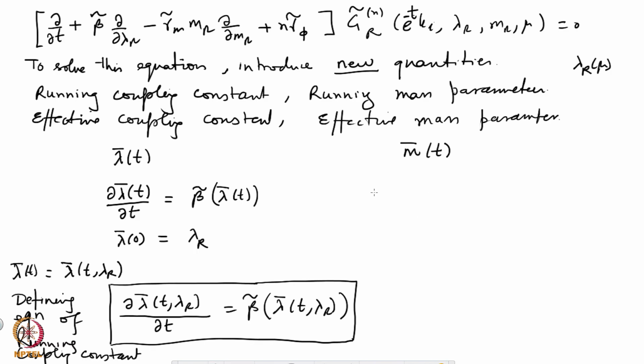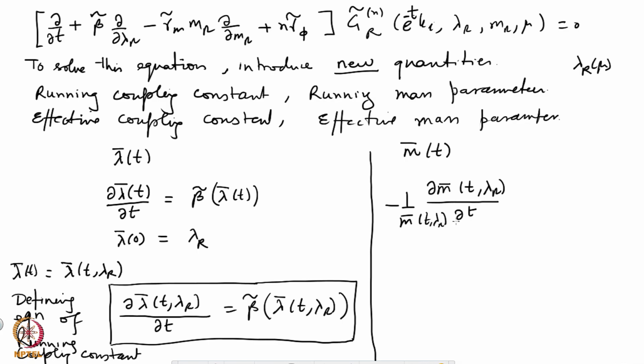And similarly, I will give the definition of m bar of t, the effective mass or the running mass, and it is defined by the following differential equation: delta m bar of t, lambda r, over delta t, minus 1 over m bar of t, lambda r, this is equal to gamma tilde m of lambda bar of t, lambda r.